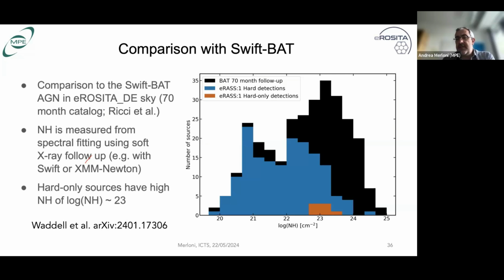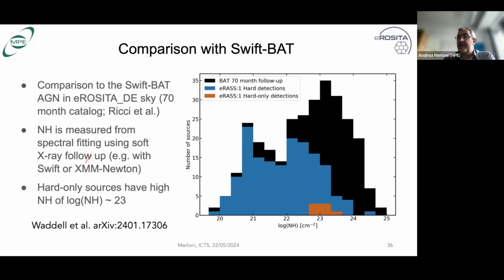And as you see, because we don't have sensitivity above 5 keV, we see that we are very complete at low columns. Our blue histogram almost perfectly overlaps the black. Then once you start going above 22, you see that the two diverge. And this is not inconsistency, it's simply incompleteness in eROSITA because of the limited bandpass of our detector.